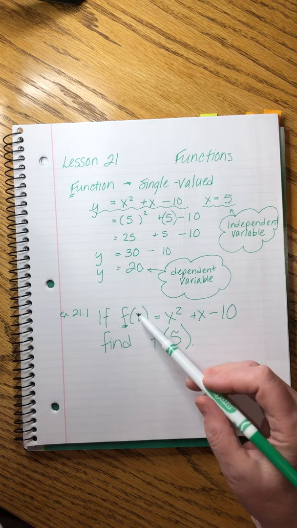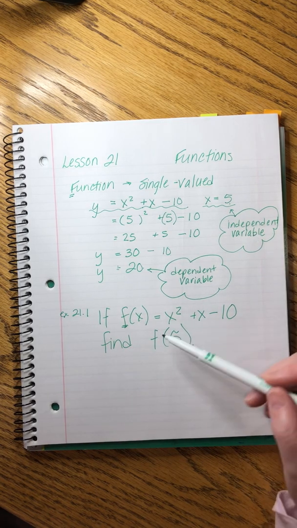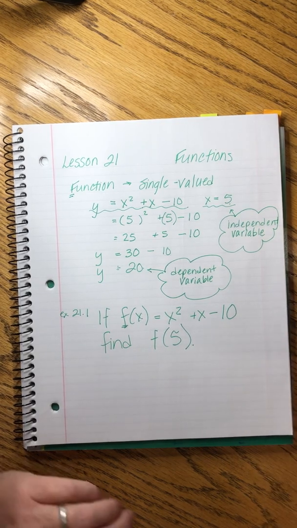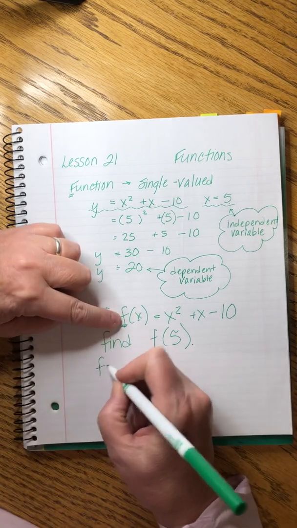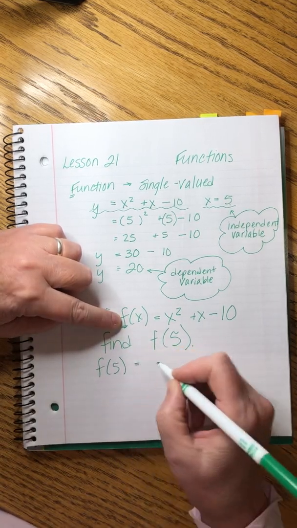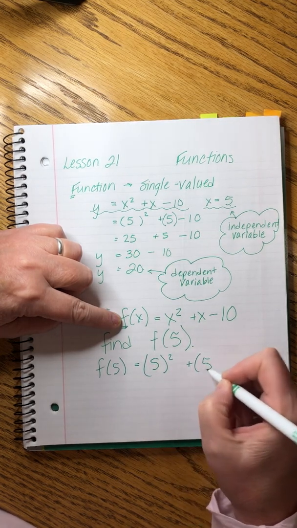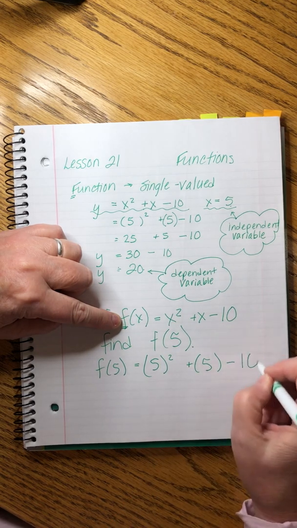But all this is saying is take 5 as your independent variable, plug it in, and solve and tell us what you get. And so the process for solving it is exactly the same. I say f of 5 equals, and I'm going to put it in buckets, because if I had a minus sign in my f value, then it might make me crazy.